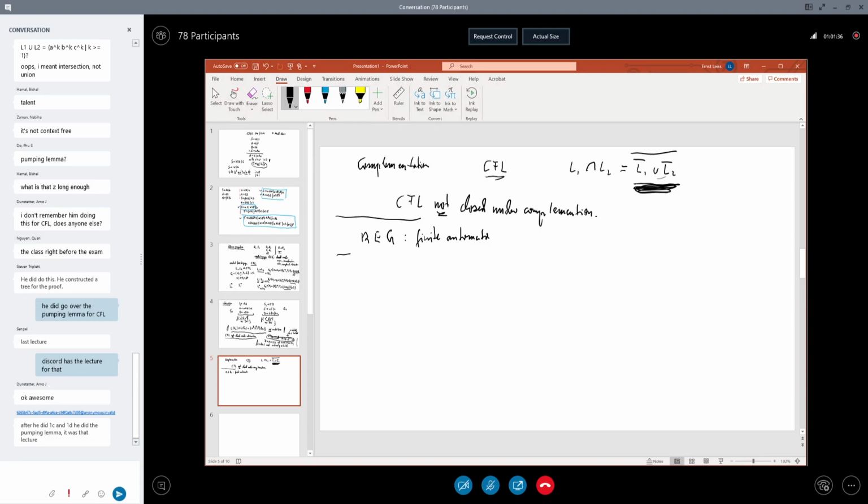So the analog for context-free languages is a push-down automaton.